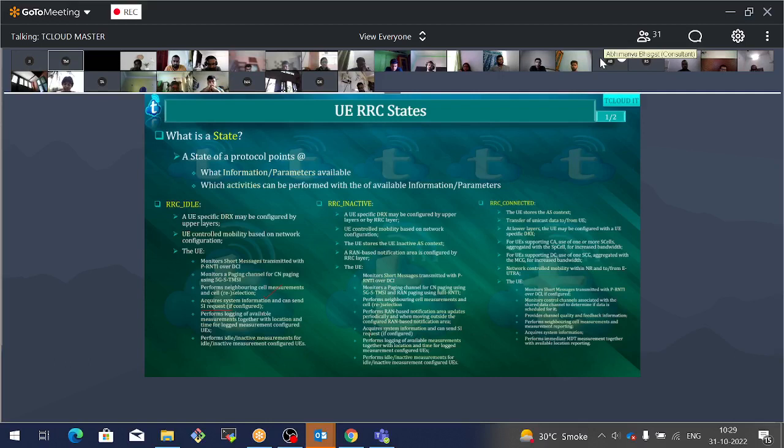Because MIB, the master information block, carries important details, you have to send it continuously in every SSB block. That you can't escape. You can't ask the mobile equipment to request for it. You have to keep sending it. But other system informations, you can ask the mobile equipment to request for it. Hey, only if you request, I will reserve the resources for it and transmit it.